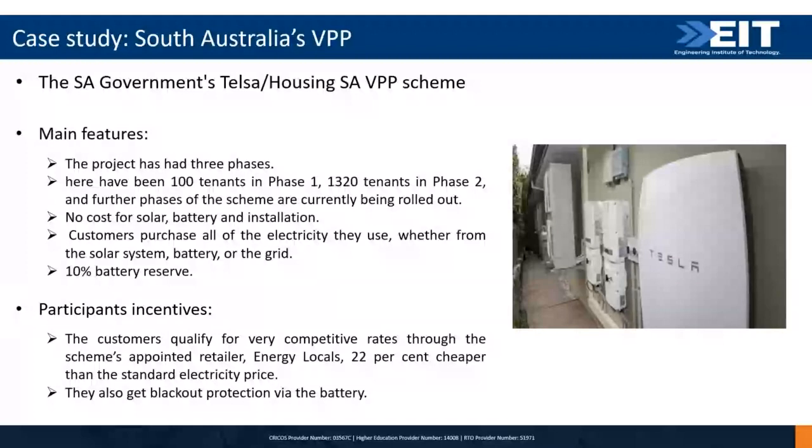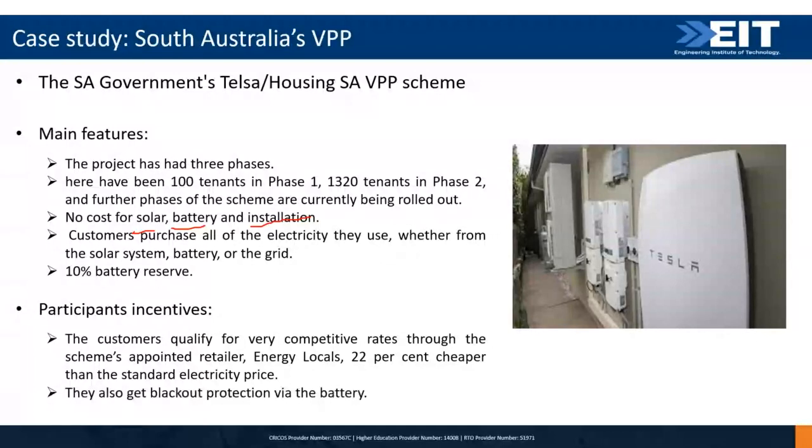The main characteristic of this program is that Tesla pays all the money for the solar system, the battery, and the installation. So the solar panels, battery, and installation are free of charge for the participants. But the householder has to pay for their energy. It doesn't matter if the electricity is coming from the solar panel or the battery installed in their house, or from the grid. Wherever it is coming from, they have to pay.